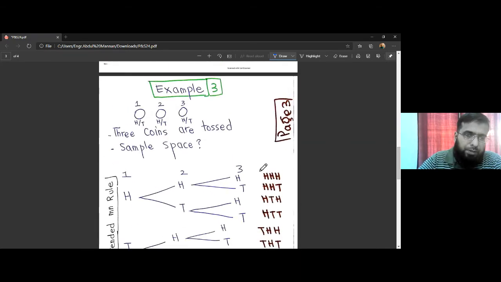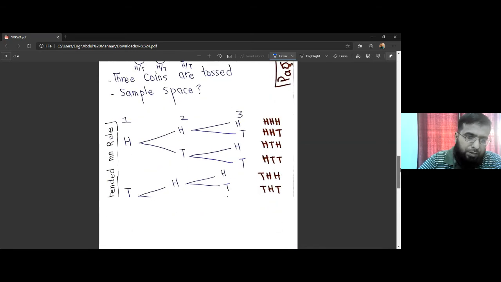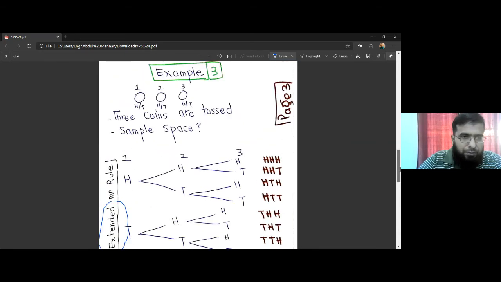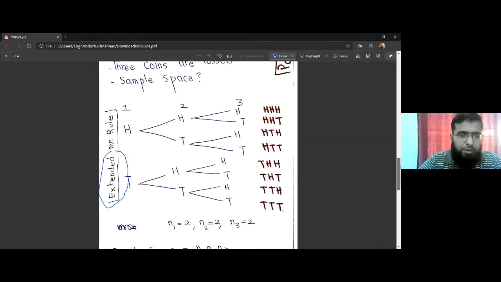Now we are going to study an extended form of the mn rule. Suppose 3 coins are tossed. What should be the sample space? For the first coin, if we get a head, we have an option of a head or tail on the second, and if we have a head on the second coin, we have an option of a head or tail on the third coin. Growing this tree takes us to 8 different possibilities.